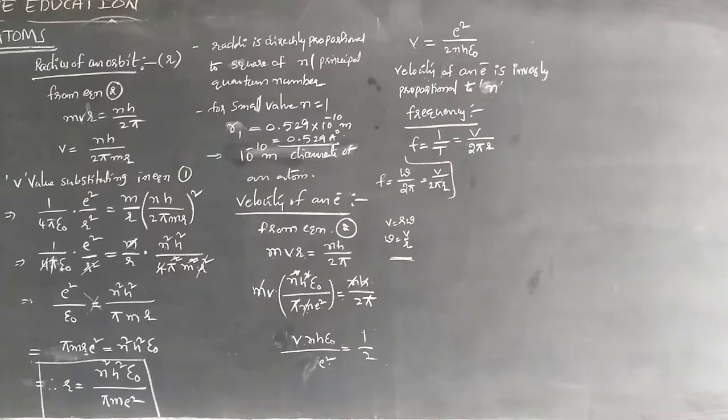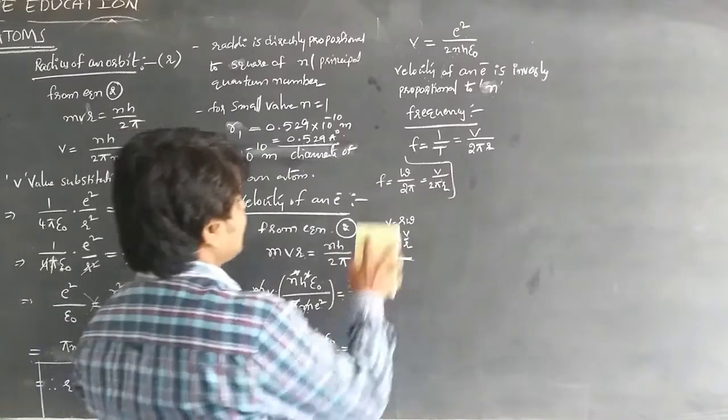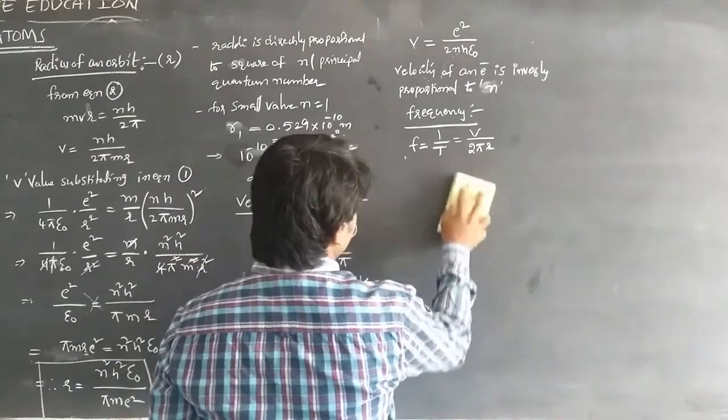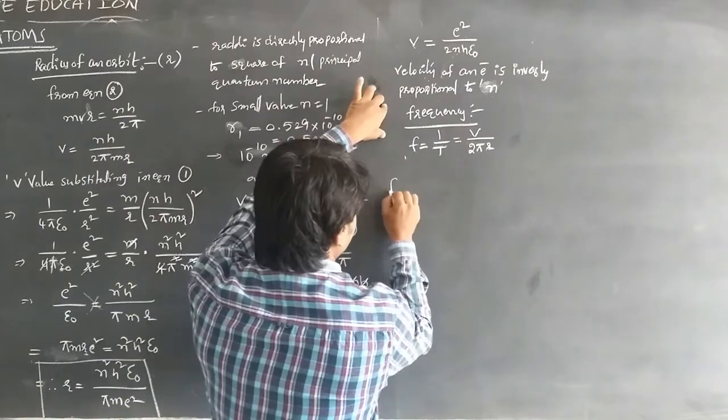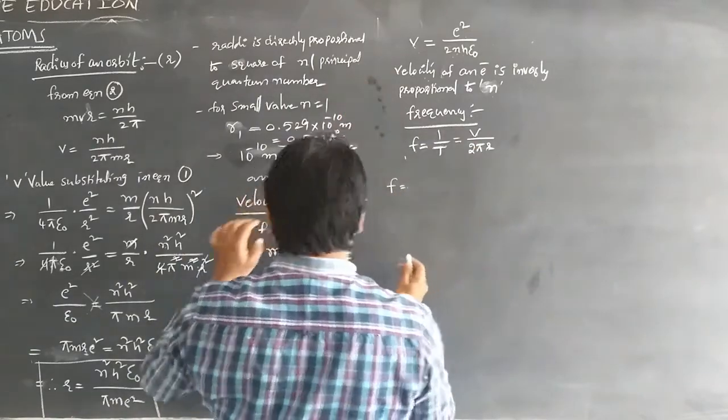So from that equation, by substituting, we have the value for velocity and we have the value for radius also. So that's why we are writing f is equal to velocity. What is the value of velocity?